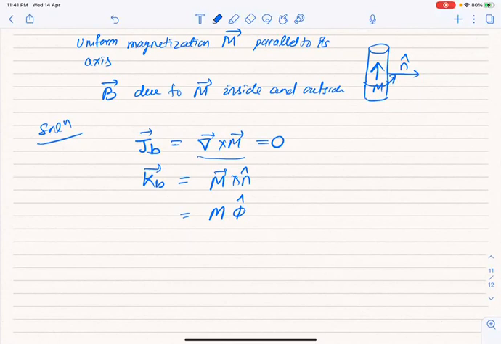So this is now a solenoid. Okay, let me write that. And you already know the field due to the solenoid. So the field outside is 0.